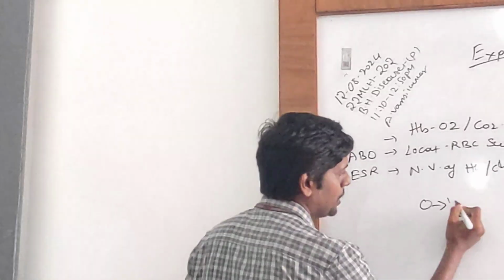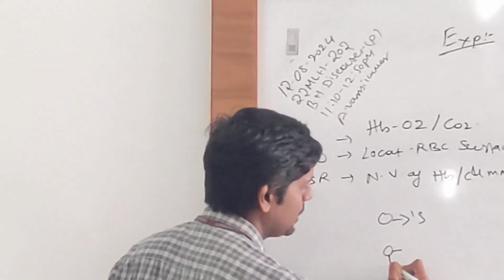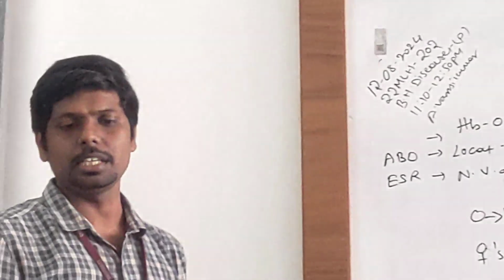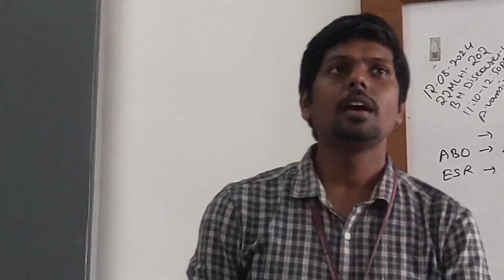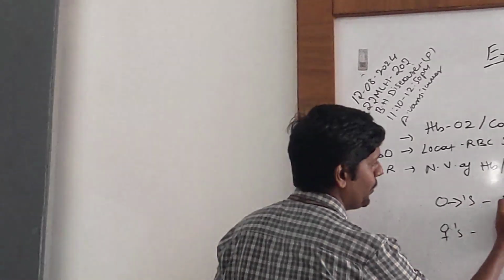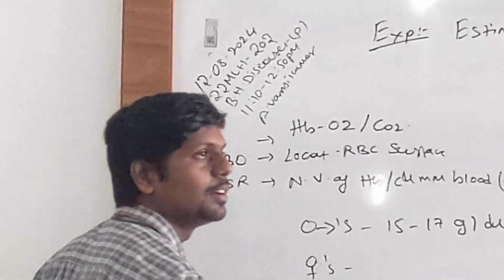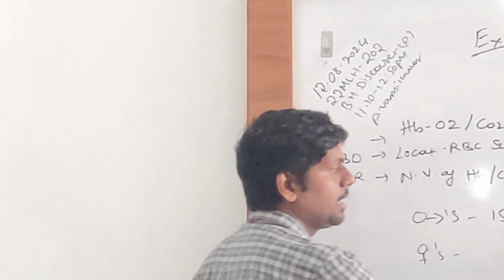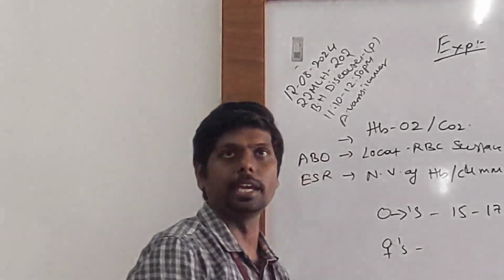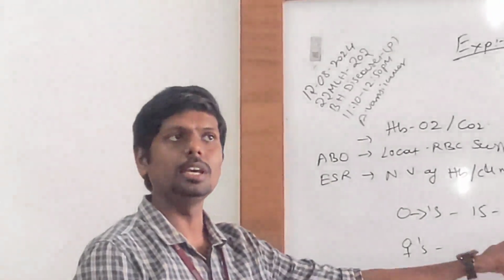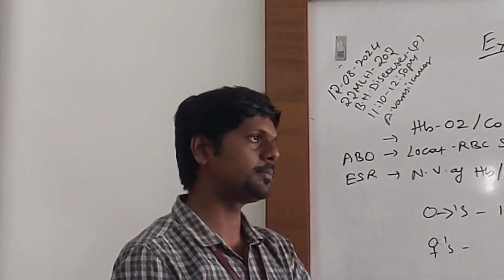So write down males and females. Normal HB in males is around 15 to 17 grams per deciliter. Keep in mind this is in grams, not milligrams or micrograms. HB is always in grams.